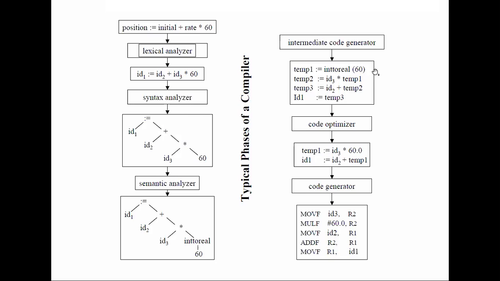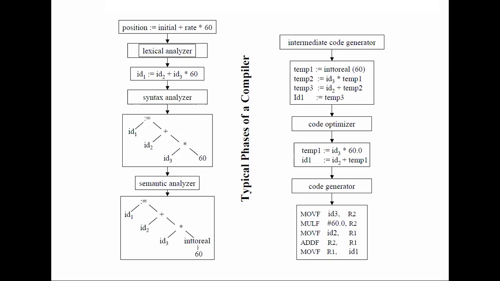Here also it is the same thing. The 60 value is a predefined value, so if you convert 60 into real, it becomes 60.0. In order to eliminate temporary variable 2, we can perform it like this. Such optimization is done by the code optimizer.